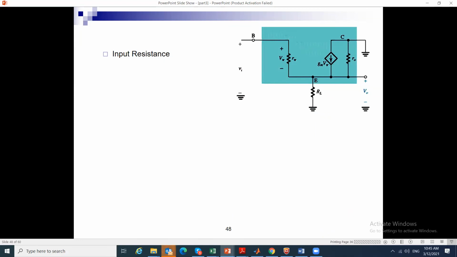أول شيء, what is the input resistance? It is no longer finite. So Vn over In can be really derived either from VO plus V pi over In.